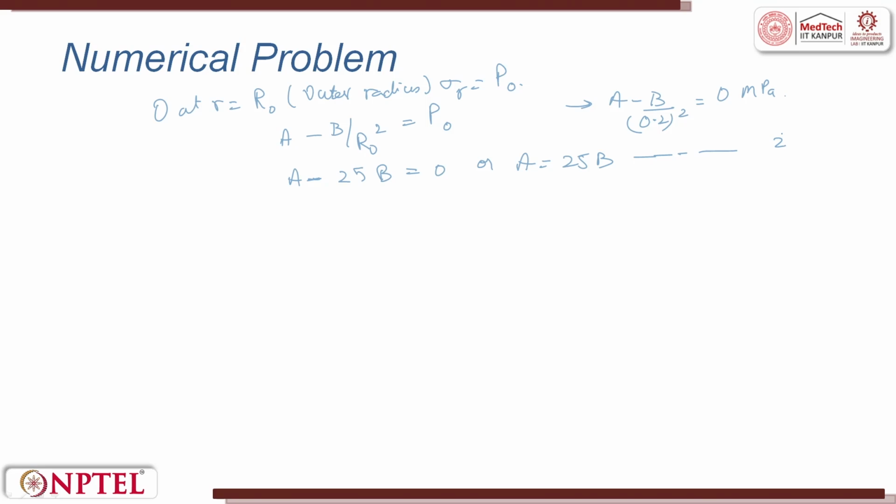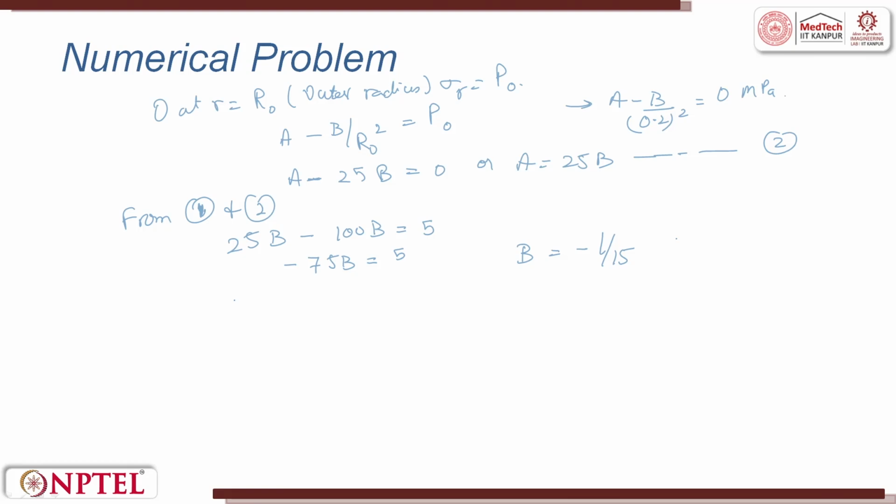This is equation 2. Now from equations 1 and 2, substituting, it is nothing but 25B minus 100B equal to 5, which is nothing but minus 75B equal to 5. So which is B equal to minus 1 by 15.